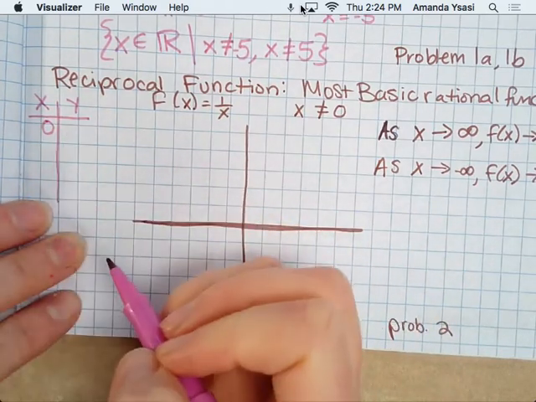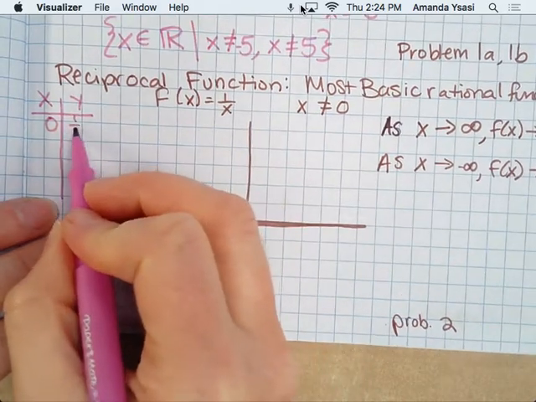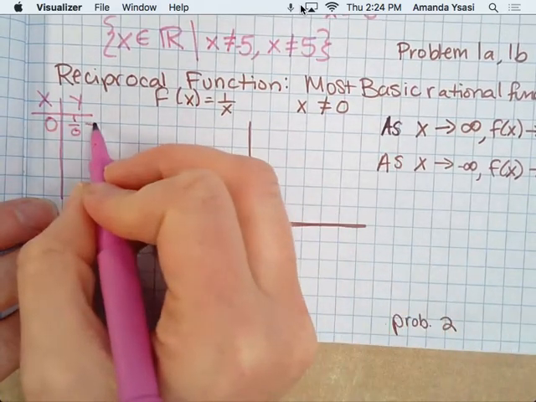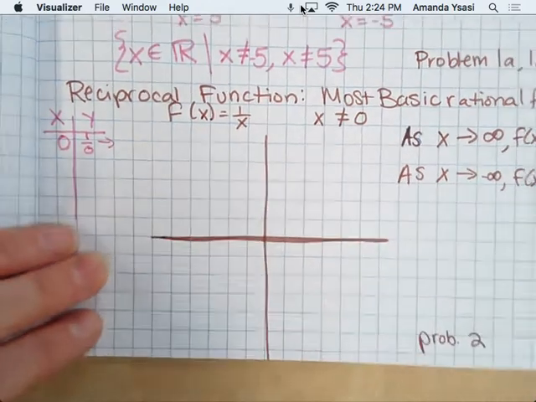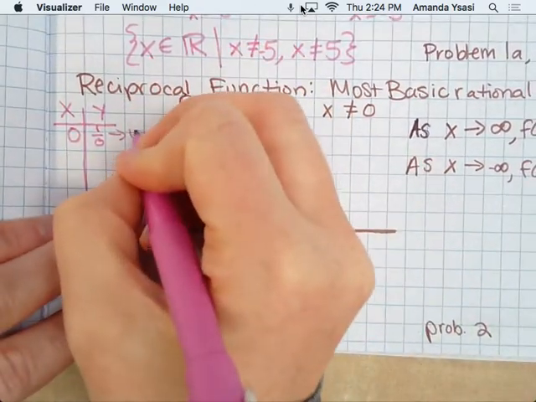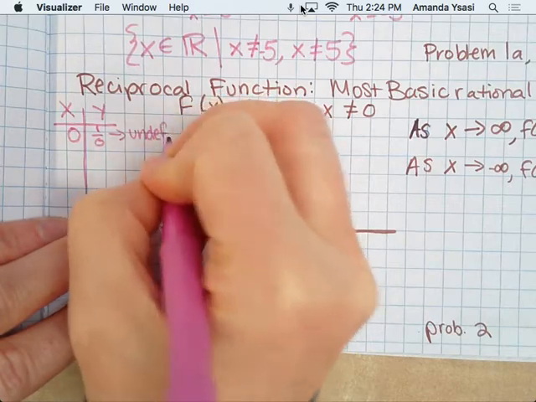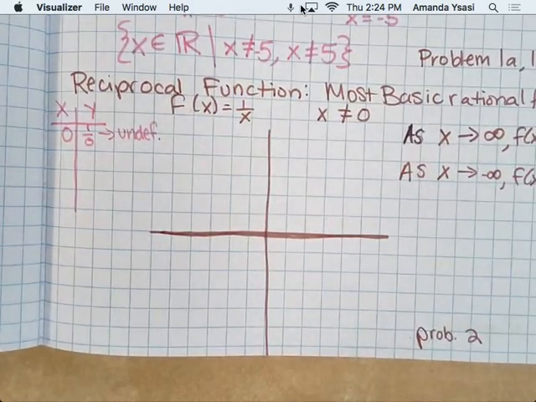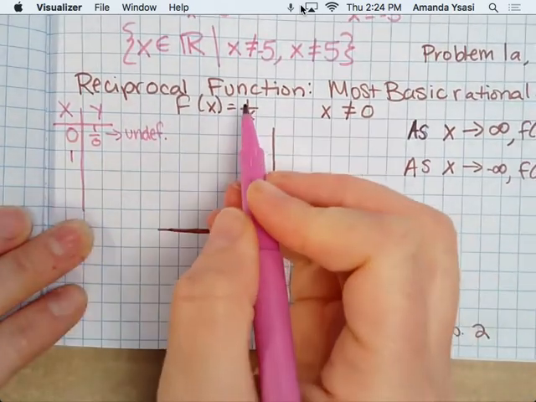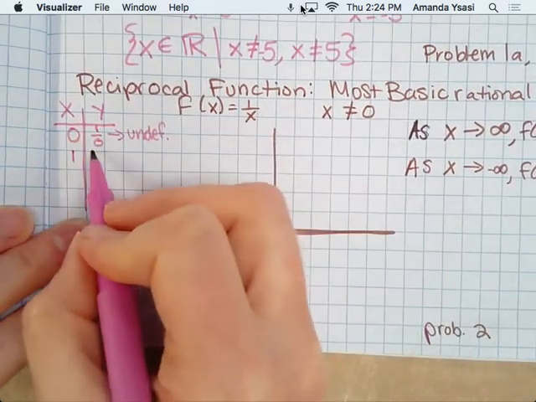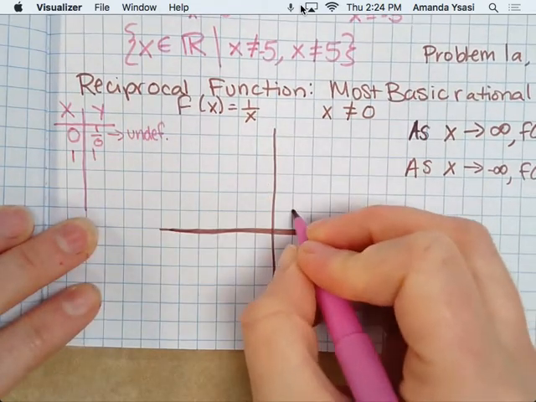If I plug in 0 for x, I get 1 over 0. What does that mean? Can I do 1 divided by 0? No, so that's undefined. And in your calculator, it'll show error. Okay, what about 1? It'd be 1 over 1. So it'd be 1. So 1, 1.